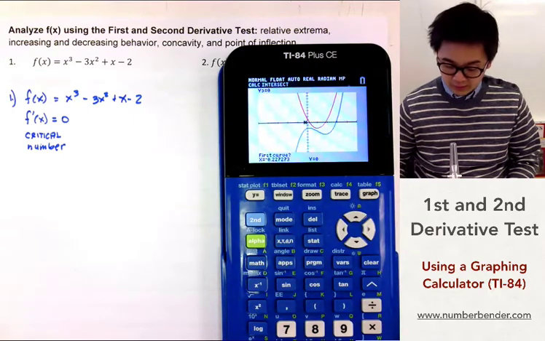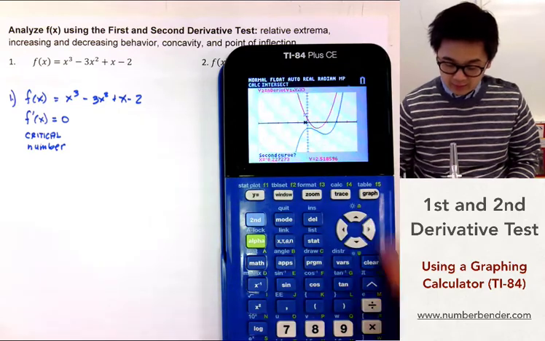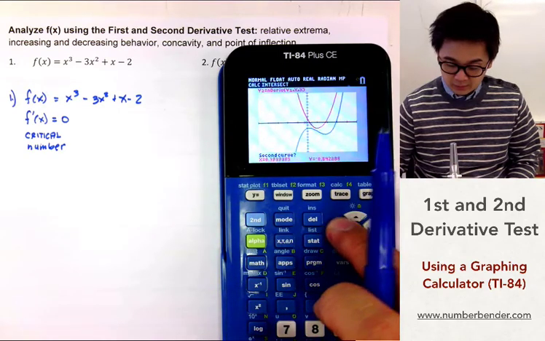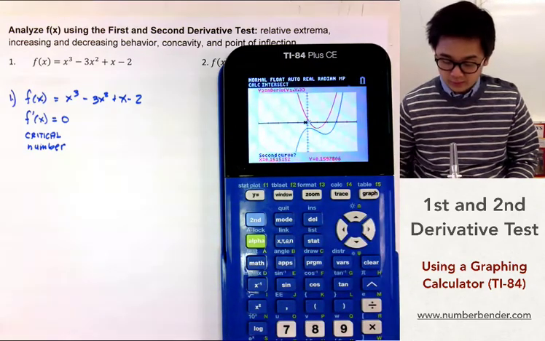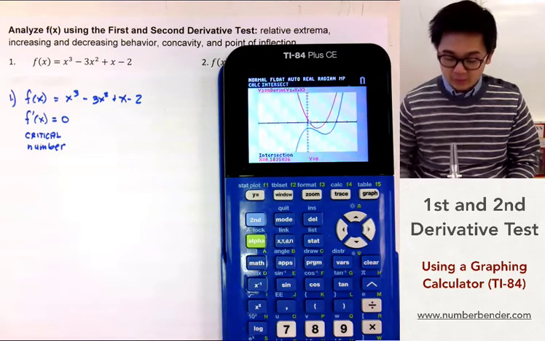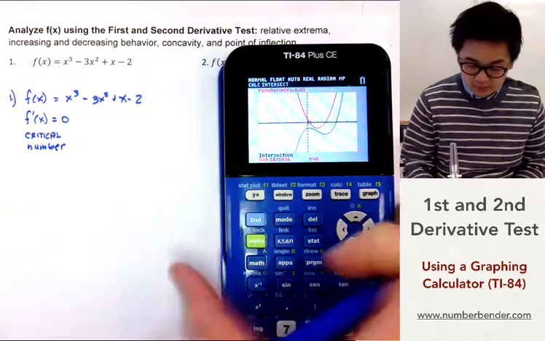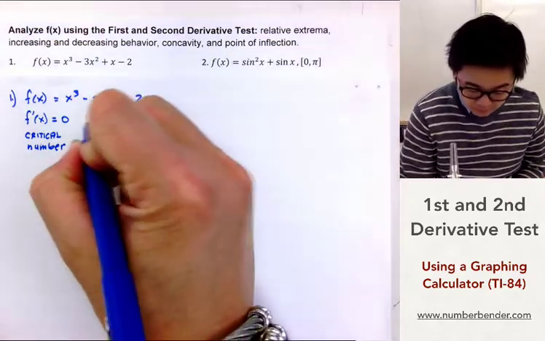So push enter as the first curve, and the second curve will be the red graph, and we can move this around. Let's put it closer to the point of intersection and push enter again, and our TI-84 will give us 0.184. So that's our first critical number.